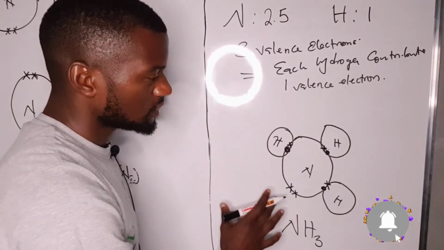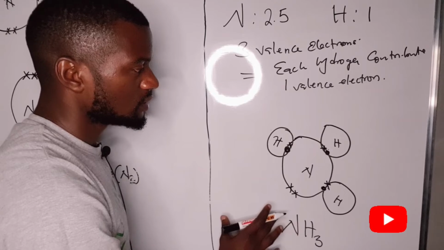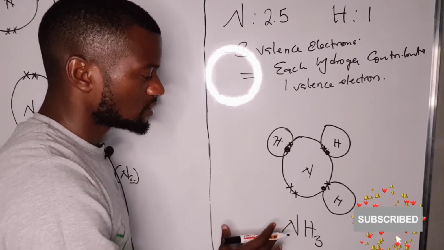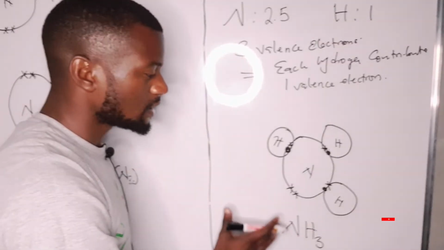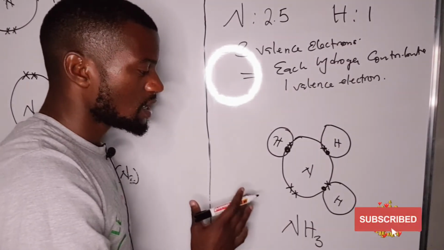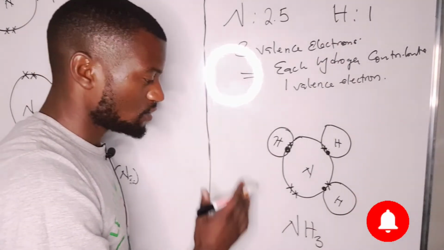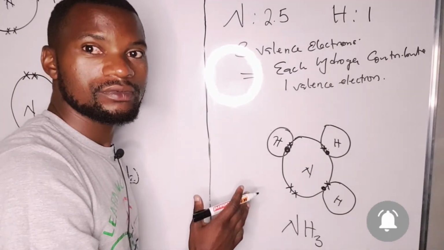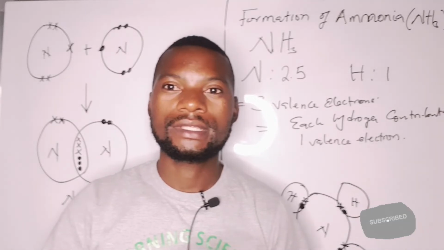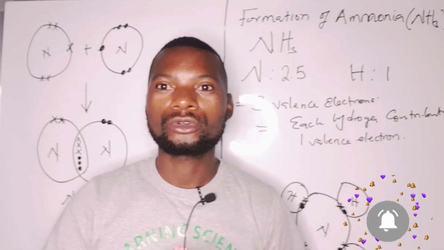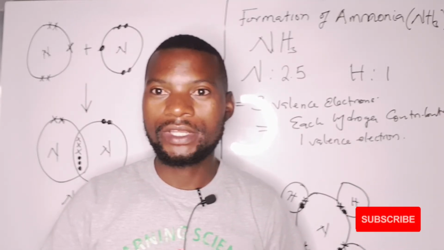So ammonia is formed when nitrogen combines with hydrogen. So basically ammonia consists of 3 atoms of hydrogen and 1 atom of nitrogen. So this is how the atoms are able to form molecules.